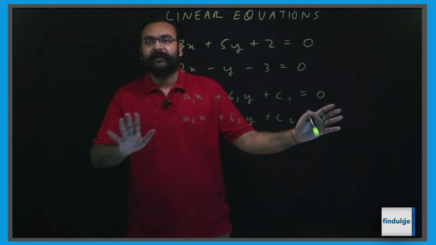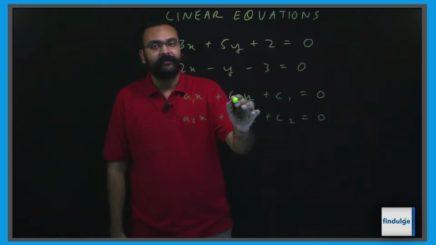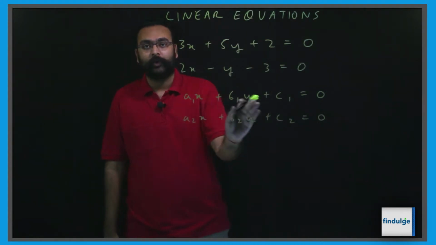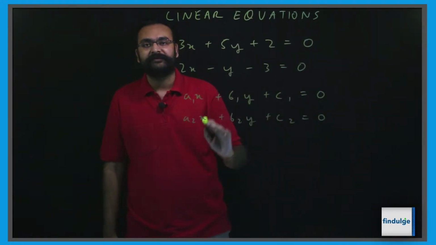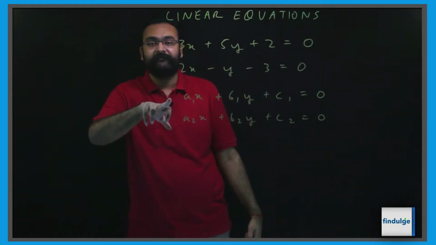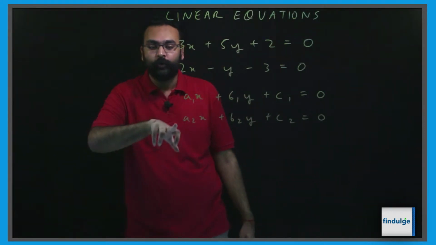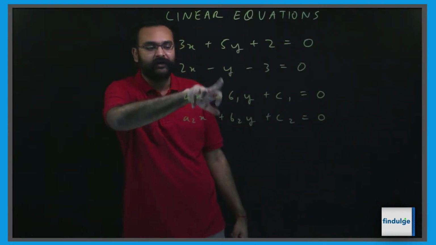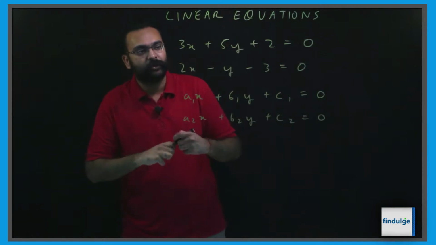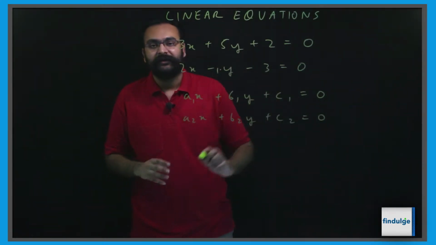So these are two linear equations. x and y are our variables. a1, b1, a2, b2 are coefficients, and c1 and c2 are constants. So if we take this example, 3 is a1, 5 is b1, 2 is c1, 2 is a2, minus 1 is b2 because this can be thought of as minus 1 into y, and minus 3 is c2.